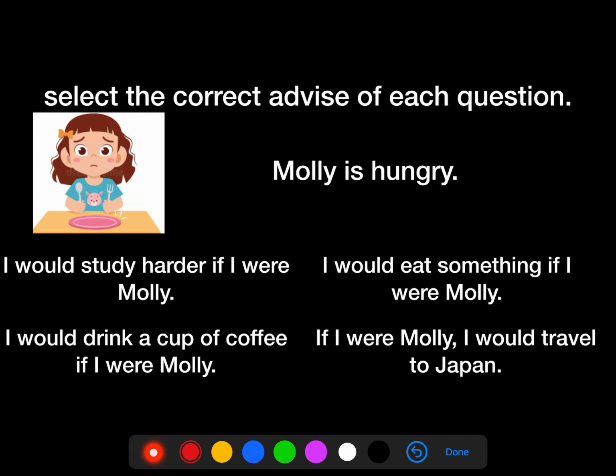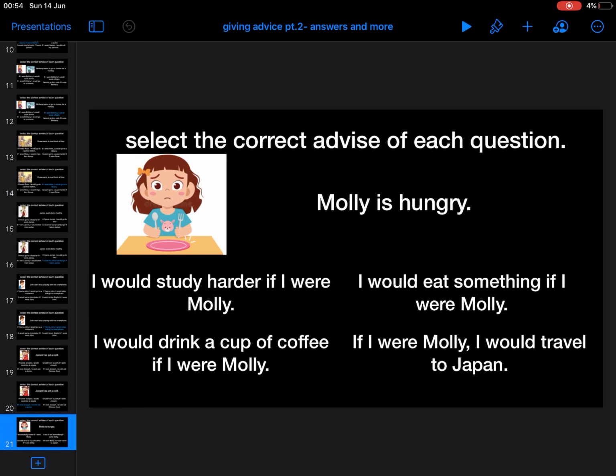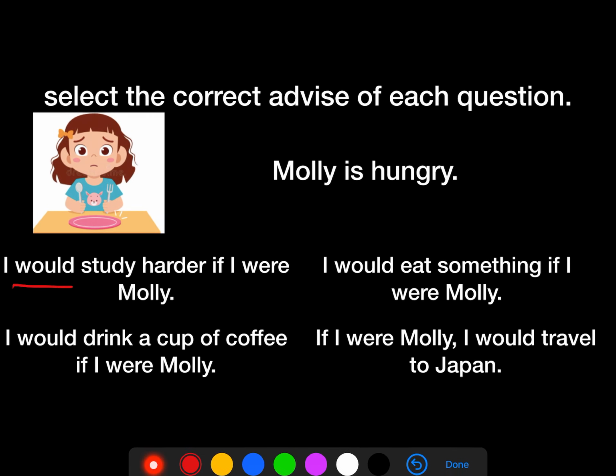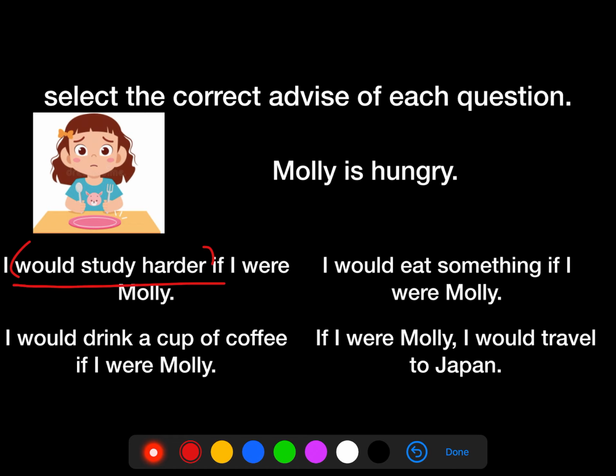So Molly is hungry. And we have four pieces of advice for Molly, and let's see which one is correct. So number one, I would study harder if I were Molly. That's the first one. I'll drink a cup of coffee if I were Molly. That's the second one. I would eat something if I were Molly.